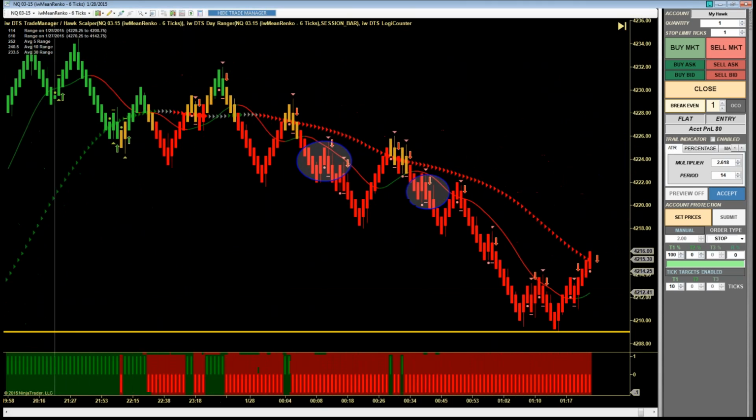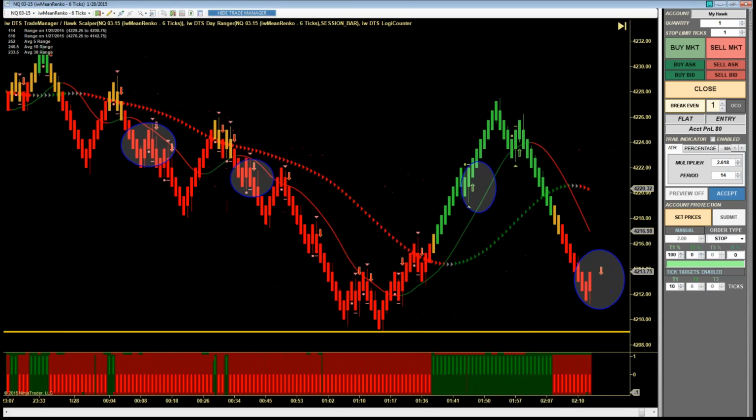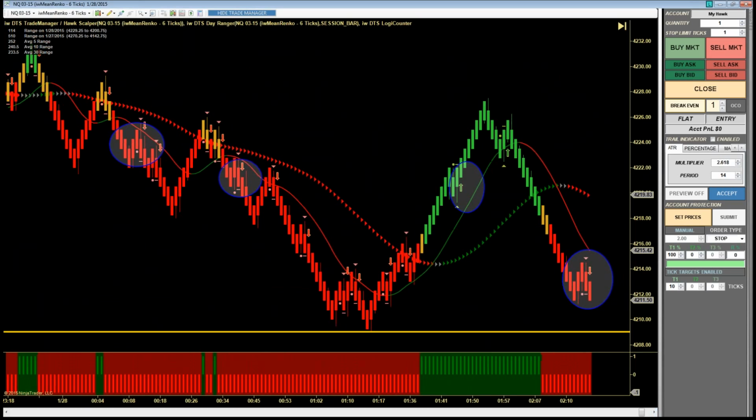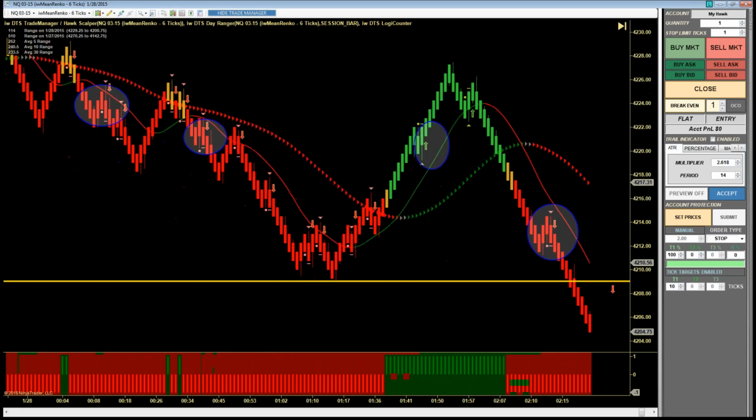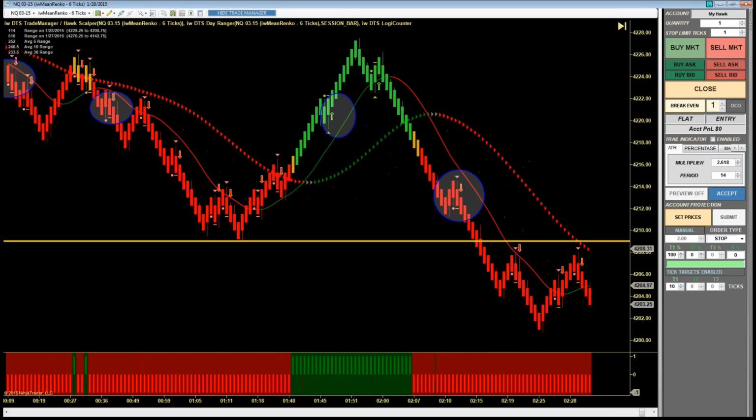So I'm looking now at the probability that the signal is going to work out. So I'm no longer concerned with risk-reward ratios, which, like I say, don't work anyways.